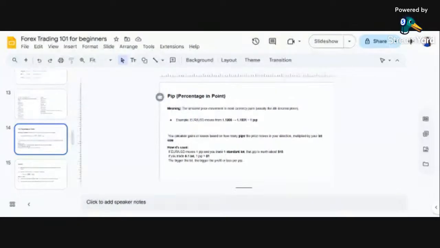Now, pip means the smallest price movement in most currency pairs. You know that the currency does not stay stagnant. Let's say for example the euro USD, you want to buy euro with dollar, and let's say 1 euro is like $4, for example.